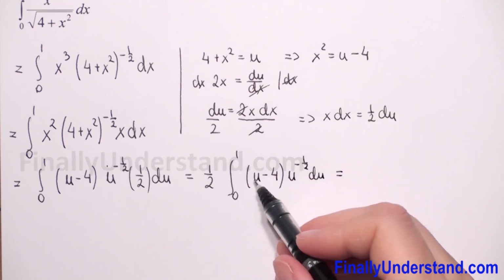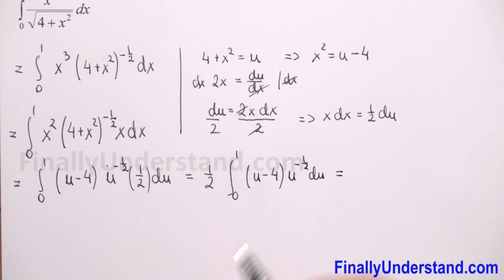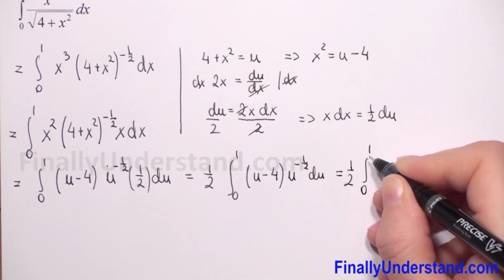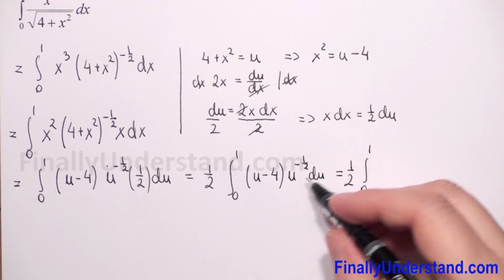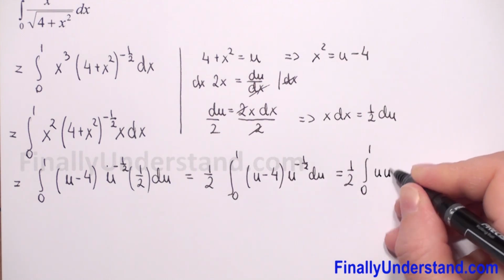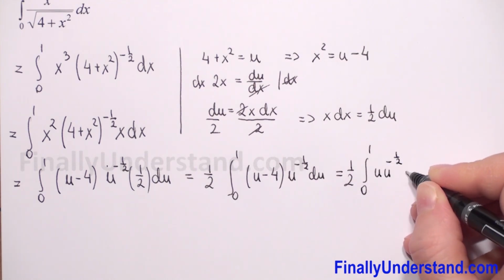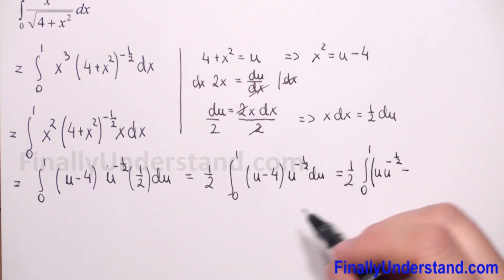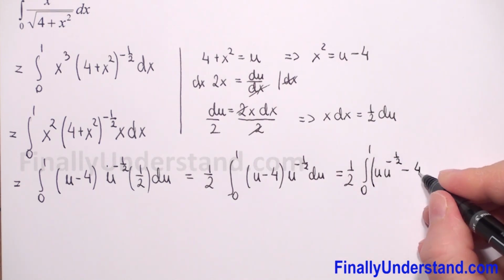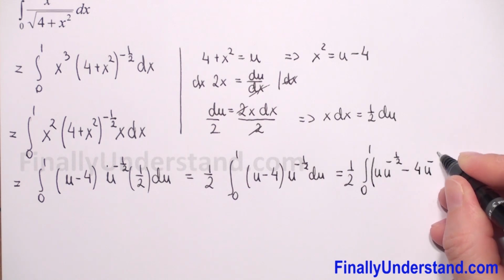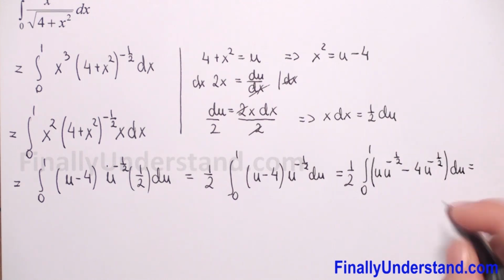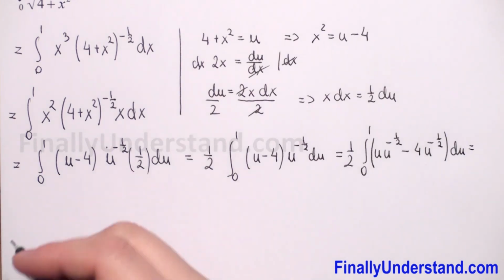This is equal, I can do multiplication here. So we will have 1/2 integral from 0 to 1 of u times u to the power negative 1/2 minus, let me put this in parentheses, negative 4 times u to the negative 1/2 du.